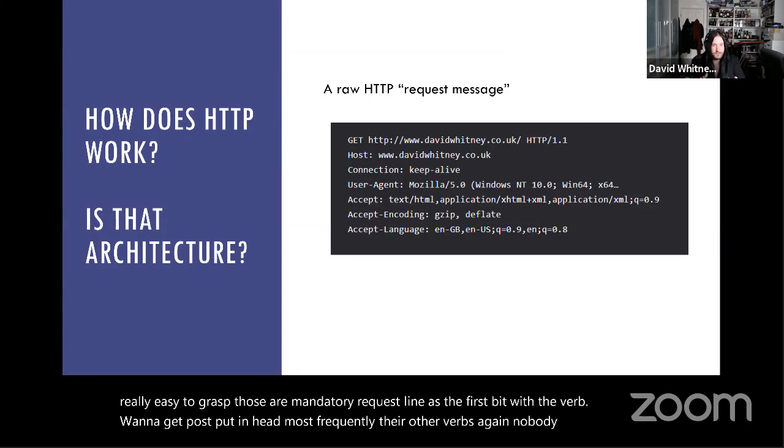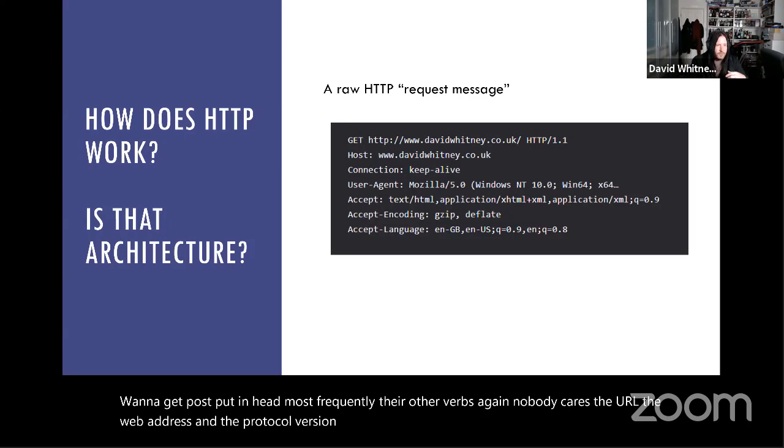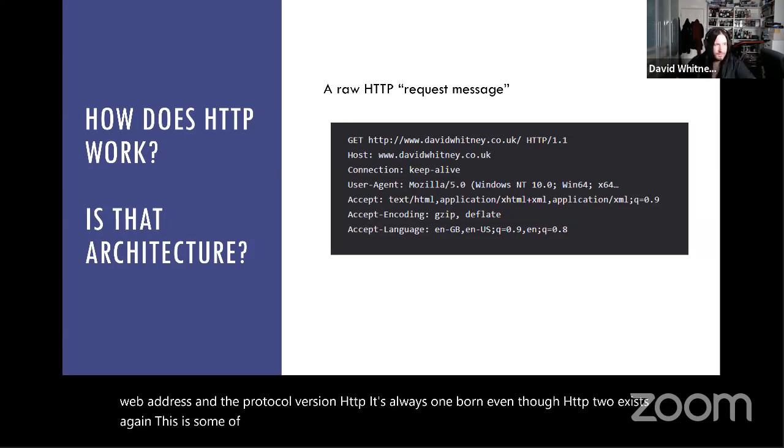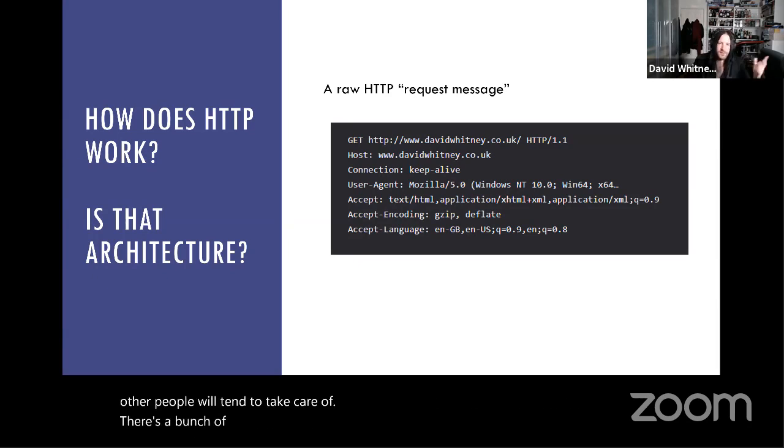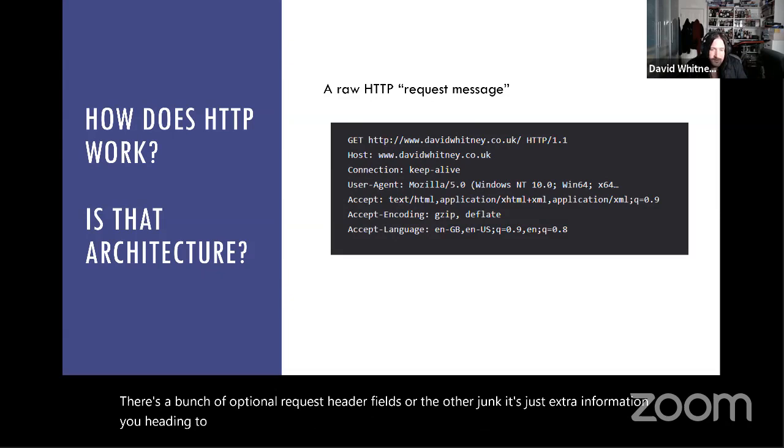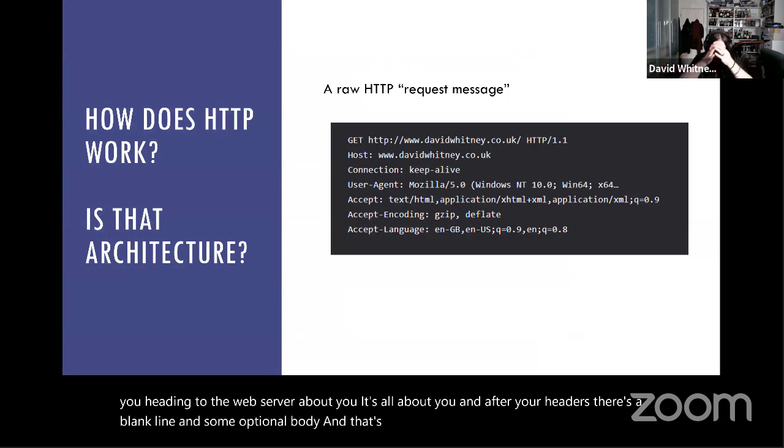Then the URL, the web address, and the protocol version, HTTP. It's always 1.1, even though HTTP/2 exists. Again, this is some of the stuff that's now disappearing up into the network stack, and other people will tend to take care of for you. There's a bunch of optional request header fields, all the other junk. It's just extra information you're handing to the web server about you. After your headers, there's a blank line and some optional body, and that's HTTP 1.1. It truly, truly is. There's a 30-page spec for this, but that's basically HTTP 1.1.